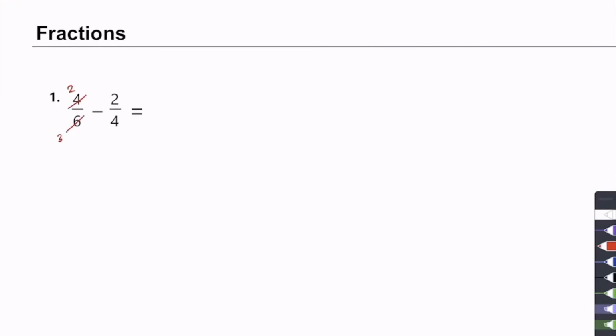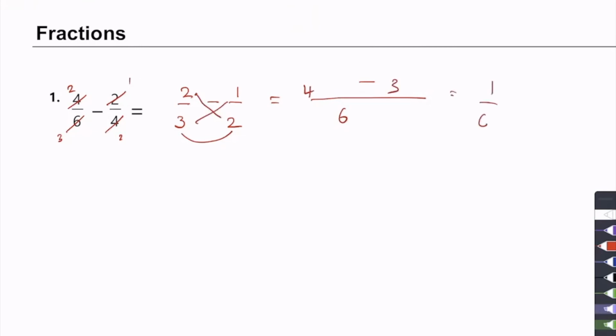And if I look at 2/4, I can see 2's into 2 go 1, 2's into 4 go 2, which means I can rewrite the original fraction as 2/3 minus a half. Then we use exactly the same method as we did earlier. Draw the line, add the sign. 3 times 2 is 6. 2 times 2 is 4. And 1 times 3 is 3, which gives you 1 over 6.